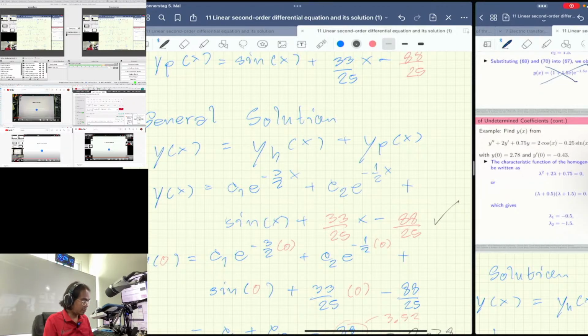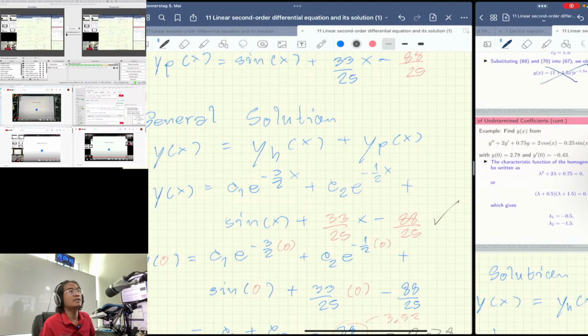Very good. y prime (0) equal to negative 0.343, right? Oh my God, they are clever right now. 4 or 5 years ago, we didn't have a powerful website like this.